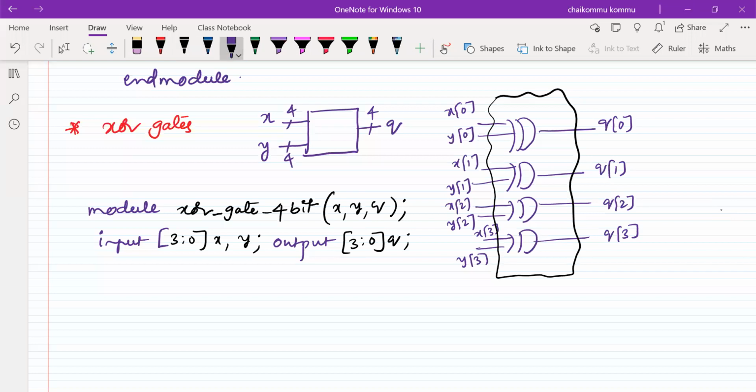Carefully you have to write XOR. What do I have to write? G of 3 down to 0, Q comma, sorry, Q comma, X comma, Y. Shall I write like this?